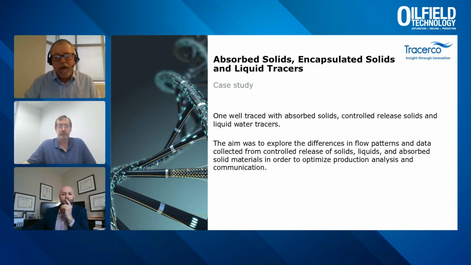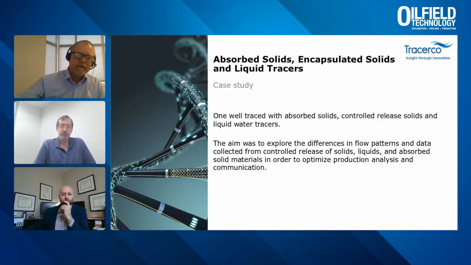Once again, an absorbed solid is a porous material that's soaked in tracer and then applied, versus an encapsulated tracer, which is truly manufactured and designed for reservoir temperatures and flow rates to meet customers' goals and objectives and provide a more linear release rate that also provides longevity over time.